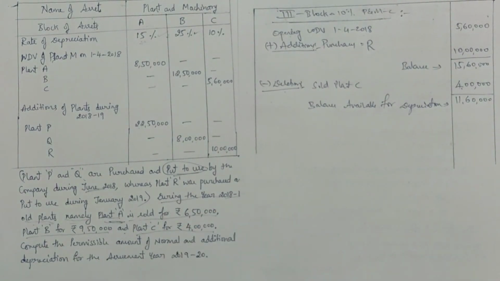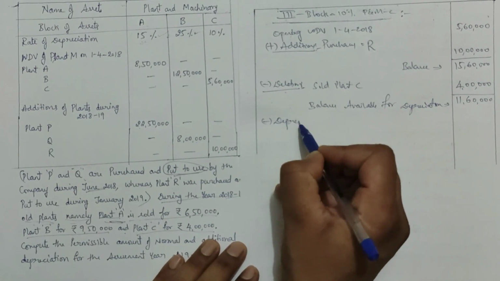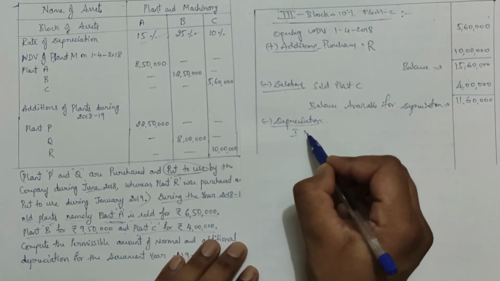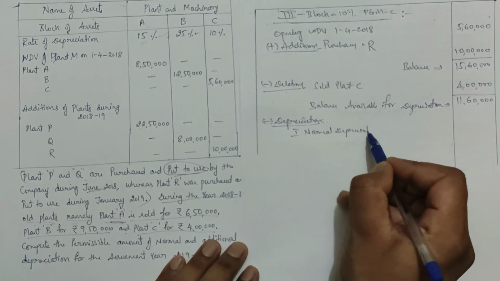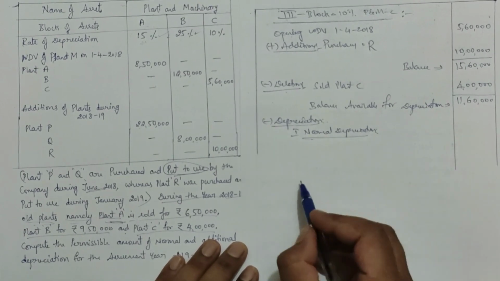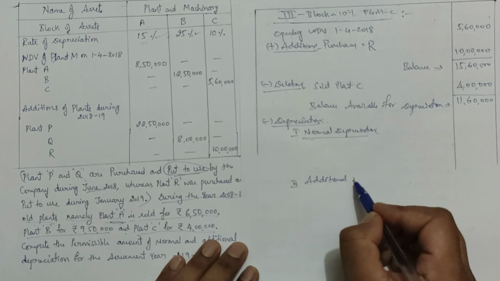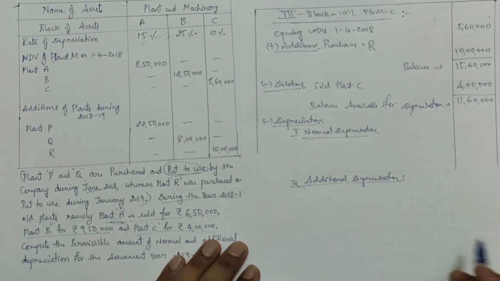for depreciation. Correct. So now after getting this balance, we need to calculate depreciation. Under depreciation, first we need to calculate normal depreciation and additional depreciation.